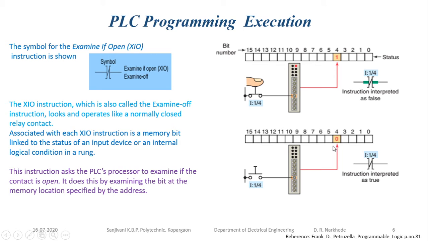So the basic difference we discuss here is that in the XIC instruction the PLC processor checks whether the contact is closed or not, and in the XIO instruction the processor checks whether the contact is open or not. So this instruction is always checking whether the contact is open or not.